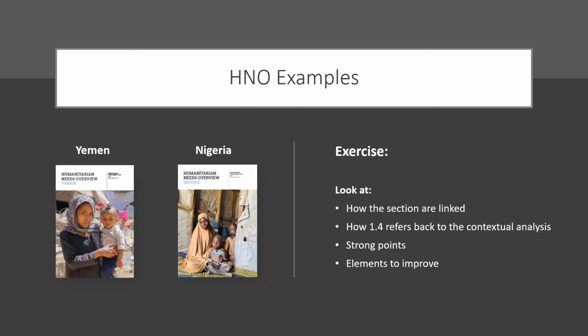Now, when looking at those HNOs, look at how the sections are linked, how section 1.4 refers back to the contextual analysis, note any strong points and elements to improve. When you've done so, unpause the presentation and continue.